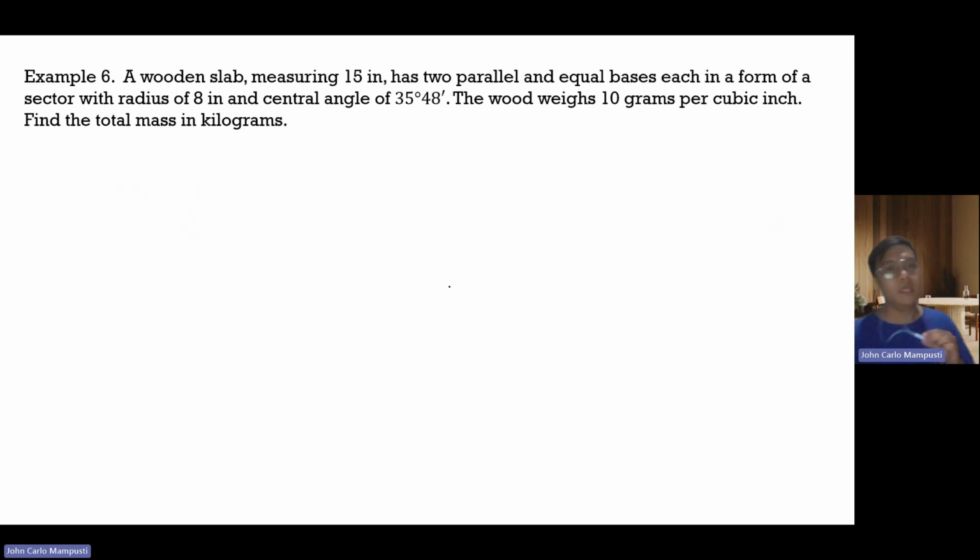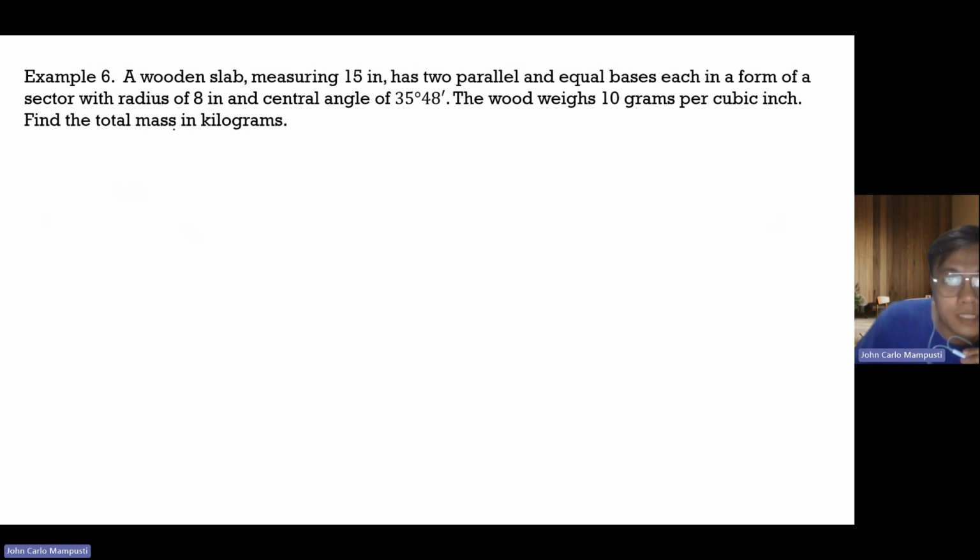So sabi dito, a wooden slab measuring 15 inches has two parallel and equal bases, each in the form of a sector with radius of 8 inches and central angle of 35 degrees 45 minutes. The wood weighs 10 gram per cubic inch, and we're going to find the total mass in kilogram. Okay. So, drawing natin, no?